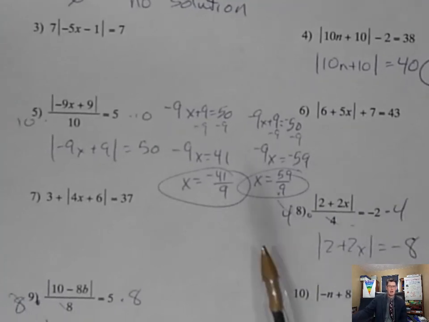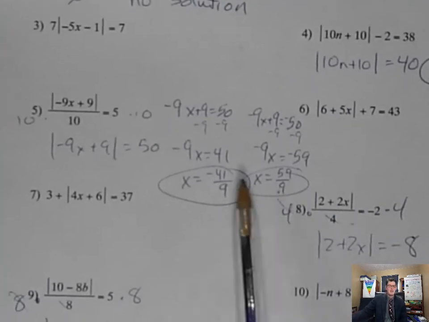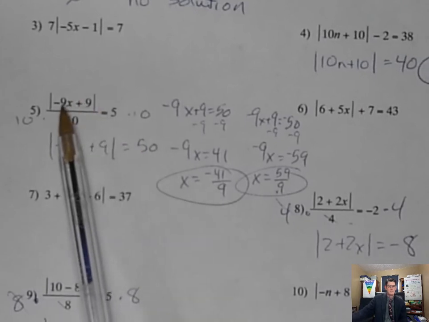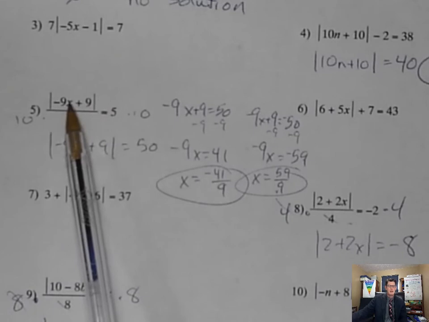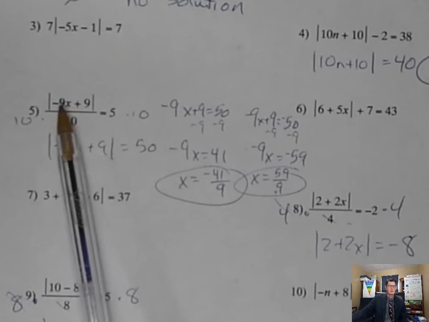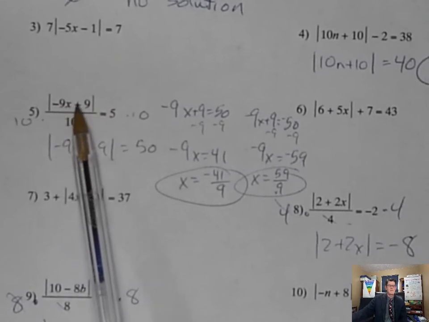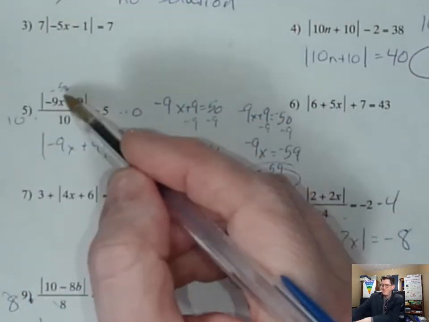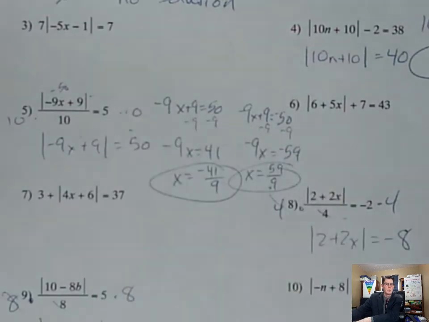If you want, just check your work. I'll put the 59 ninths in. If I put 59 ninths in there, negative 9 times that gives me negative 59, and negative 59 plus 9 is negative 50. So that's negative 50 made positive 50 over 10. Yep, it works.